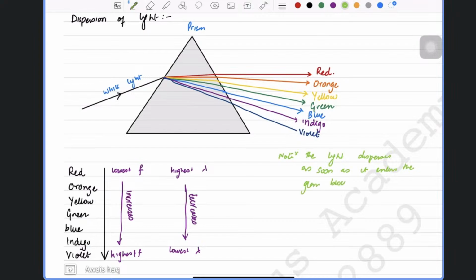And the other thing you need to understand is this is due to different speeds of colors in the medium. So they just spread, and if you notice, red spreads the least and violet the most, and all the colors like that. So you got to remember this. Is it clear, everyone? Yes, sir. Just remember this.